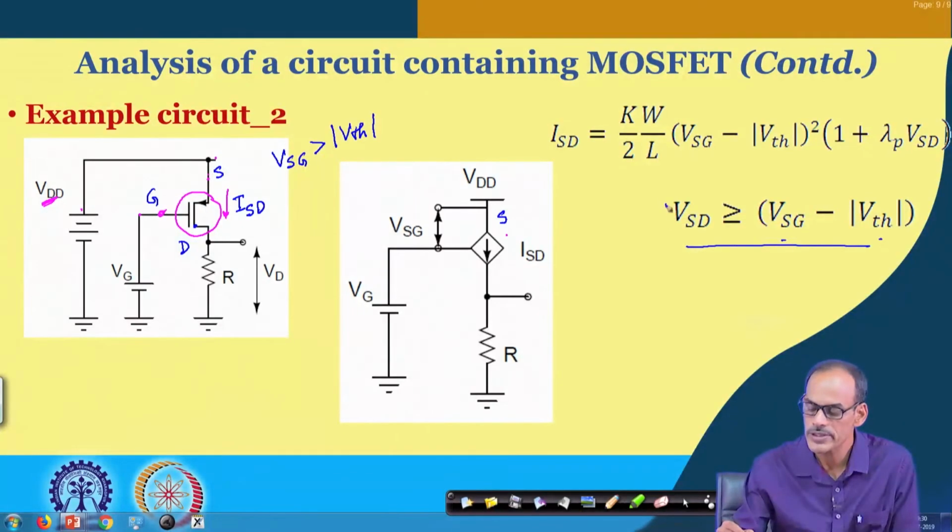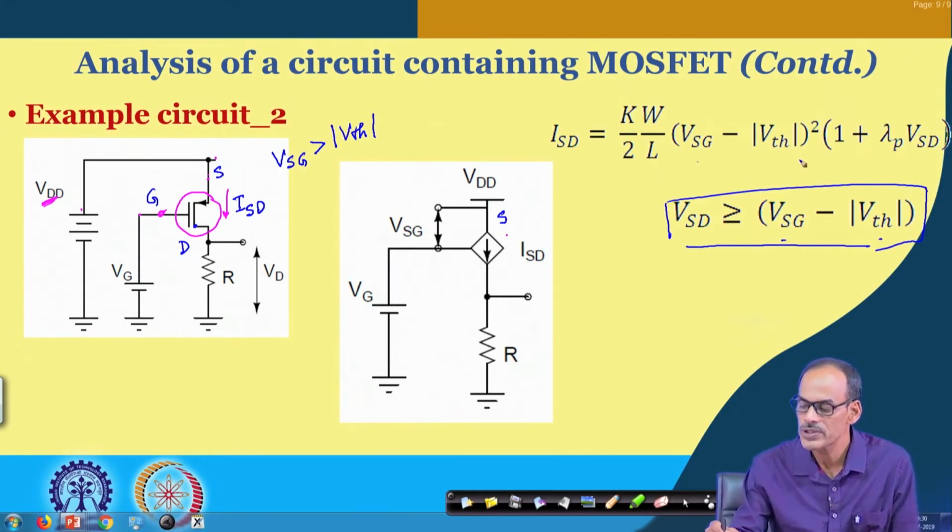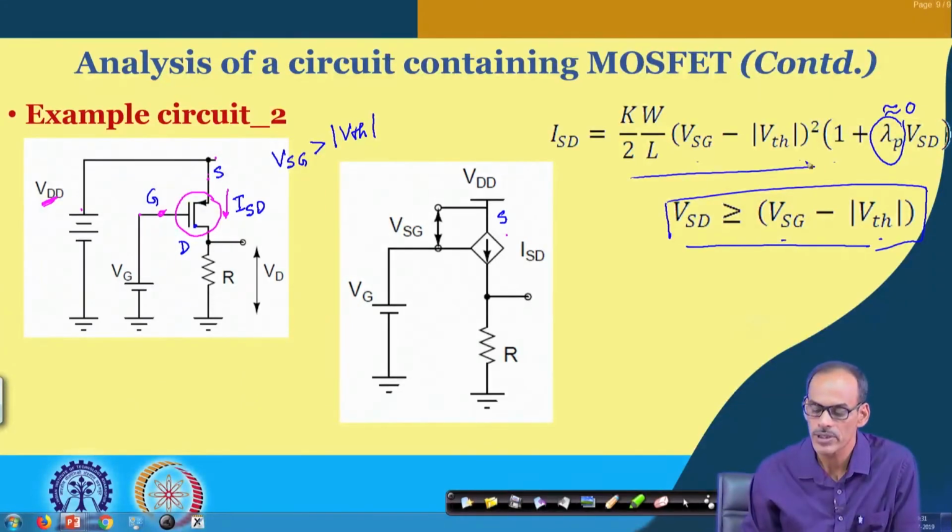Once we satisfy this condition, the expression of this current is given by K by 2 W by L (VSG minus VTH) square multiplied by (1 plus lambda into VSD). Again, just for simplicity, we may consider lambda approximately 0, but the rest of the things are very similar to whatever we have discussed.